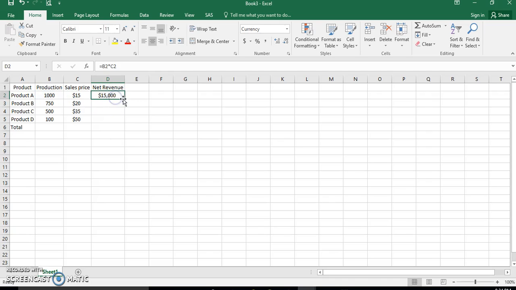And similarly we can get the values for product B, C and D by simply dragging this formula using one more feature of Excel, which is relative referencing. Now what is the total revenue in this case? Let's calculate that using the sum function. So using the sum function we get the total revenue as 52,500.